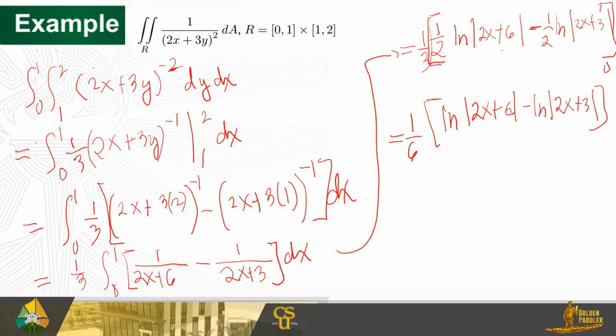Okay? Evaluated from 0 to 1. So, actually, pwede natin gamitin yung identity ng ln. Yung identity ng ln is ito yon. So, we have ln of a over b.